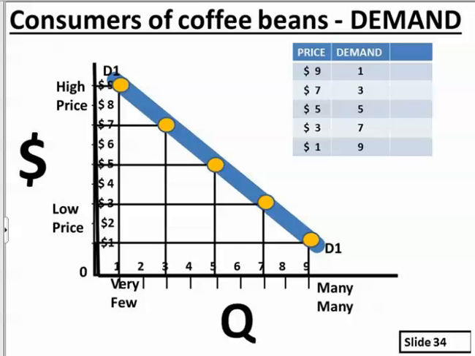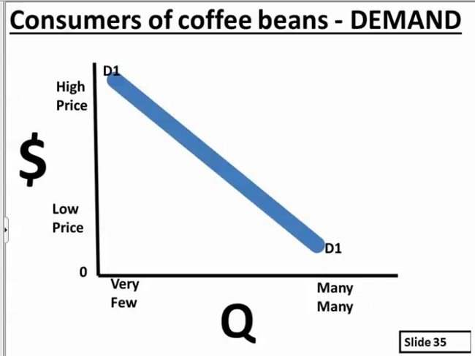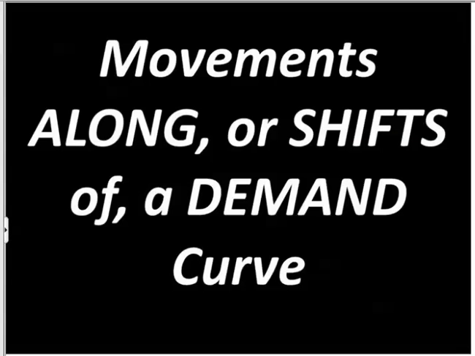Now, we need to label it. So on either end, you'll notice I put D1 on either end of the blue curve, or blue line. That stands for the demand curve. The D means demand, and the 1 means the first curve we're talking about. Now, we can clean up that graph by getting rid of the lines and the dots, and now we just have the curve.